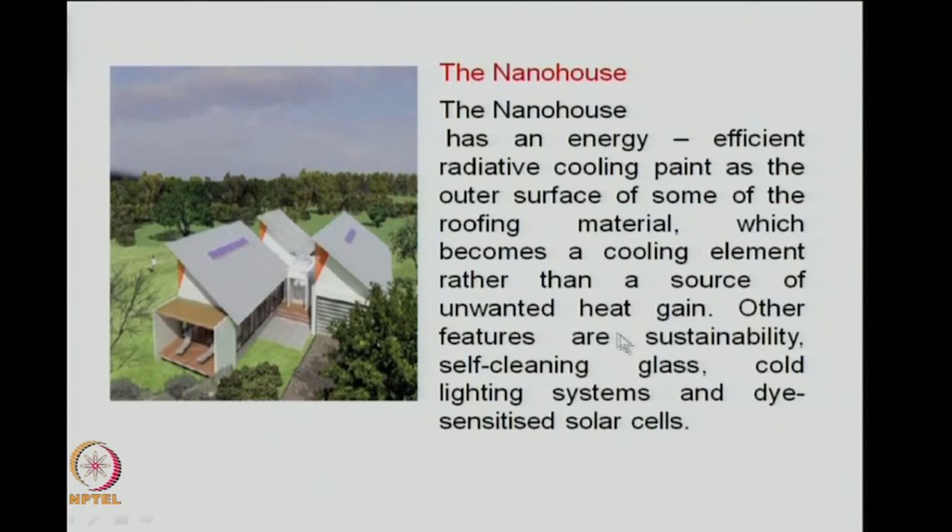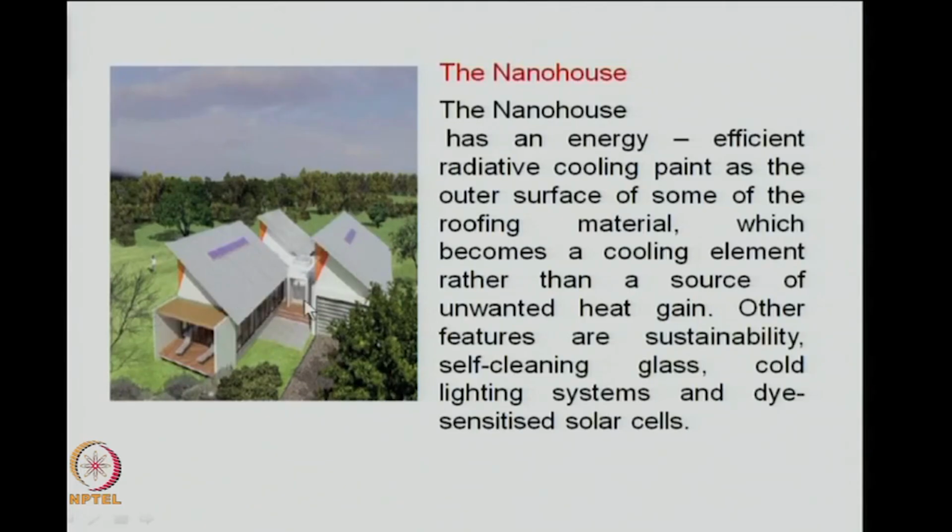Now, if you have an efficient radiative paint on top of the roof, then instead of heating, it becomes a cooling element, and many nanostructured paints are being used or tiles are being used, which have a radiative cooling effect rather than a heating effect, and that is one important application.